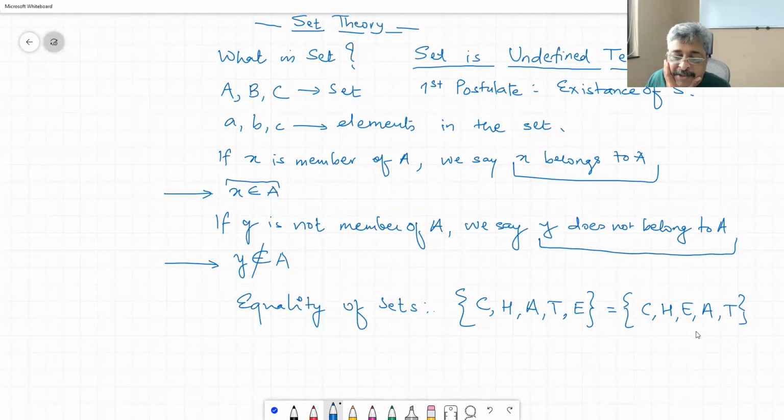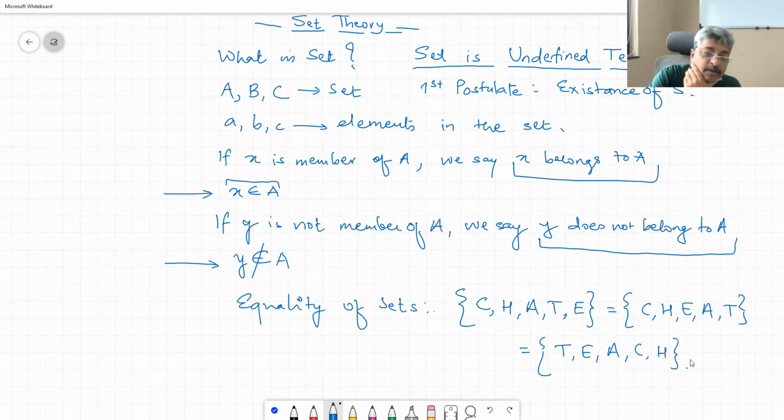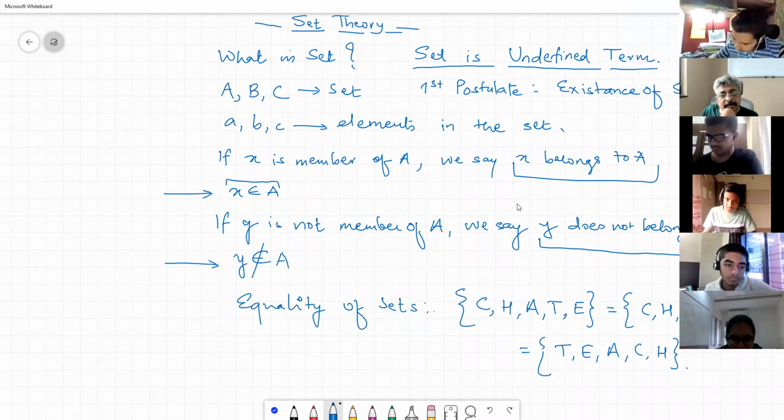These are the same sets, and maybe this is also the same. So ordering inside a set is not important. The presence of all elements is important, and that is what it is.